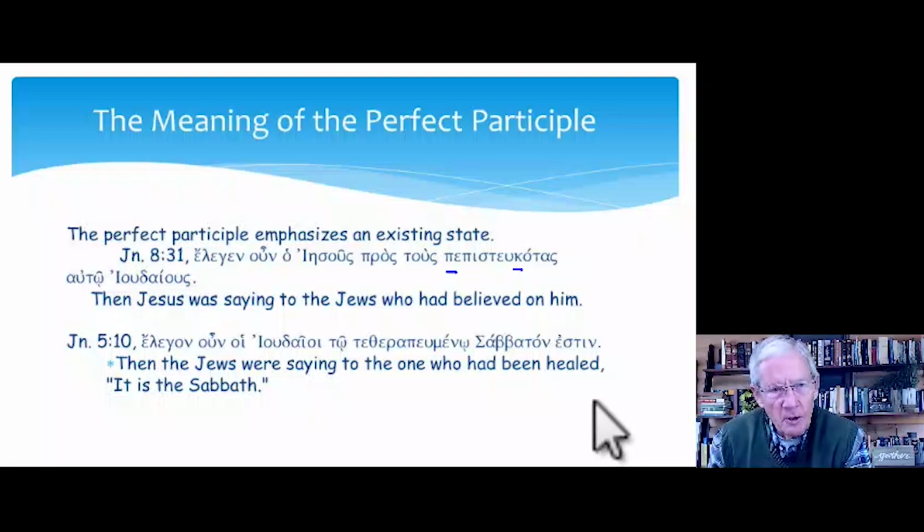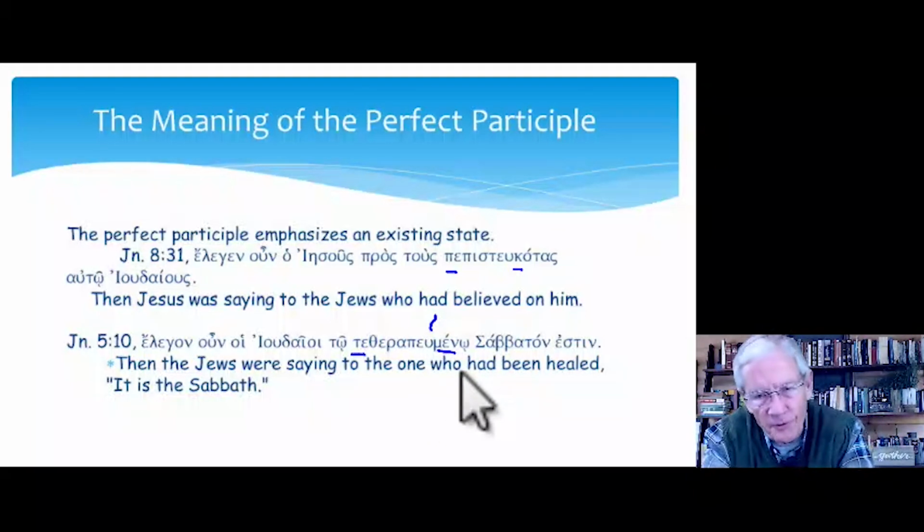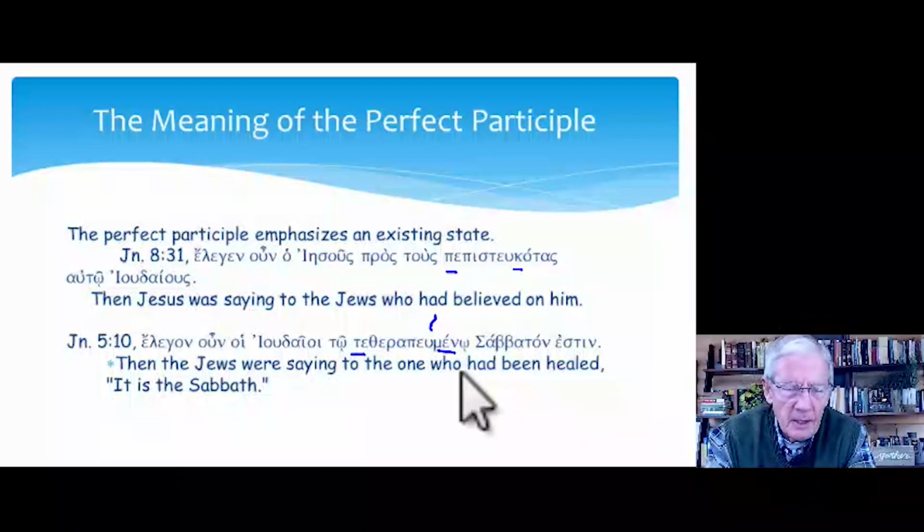Now we notice tetherapeumenō. We have a reduplication up at the front, and then we have a loss of a helping vowel, and then we have our men ending. So perfect middle passive participle, masculine singular dative.